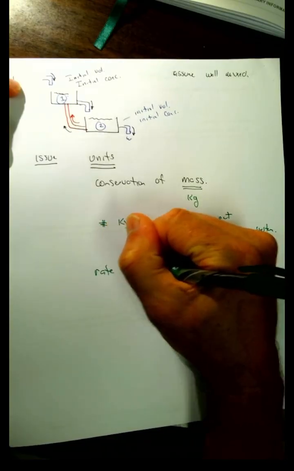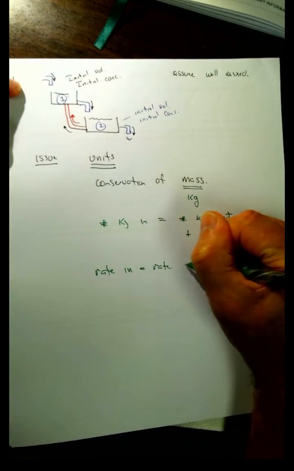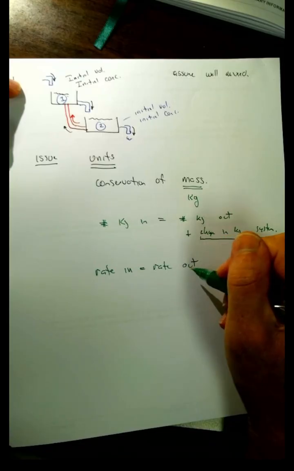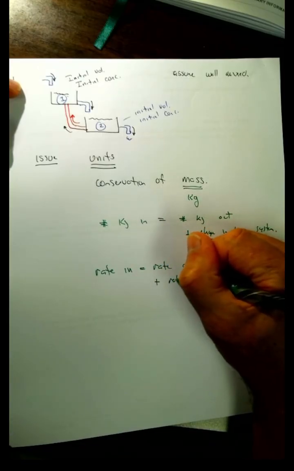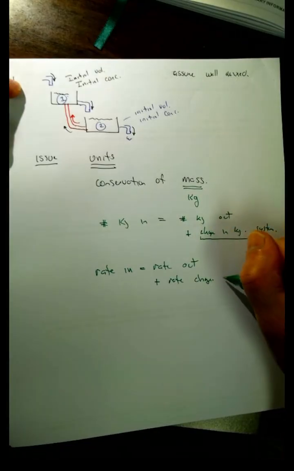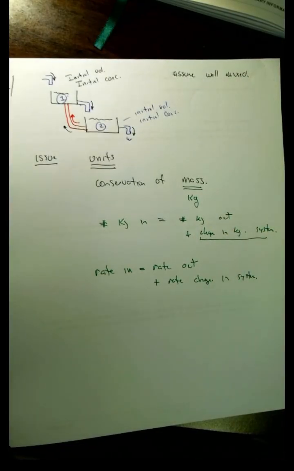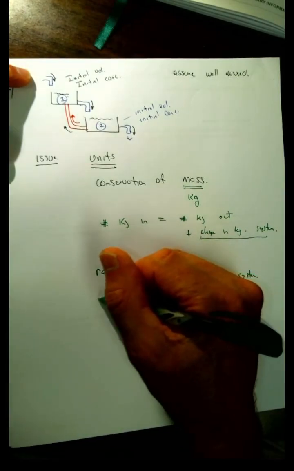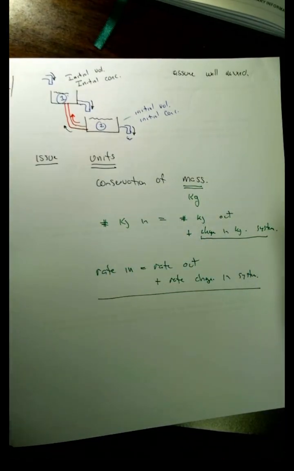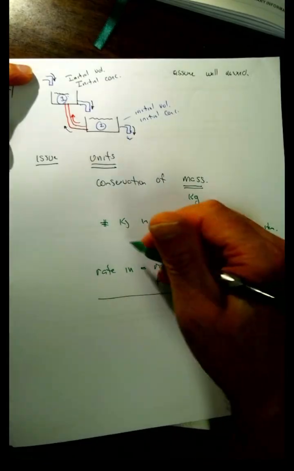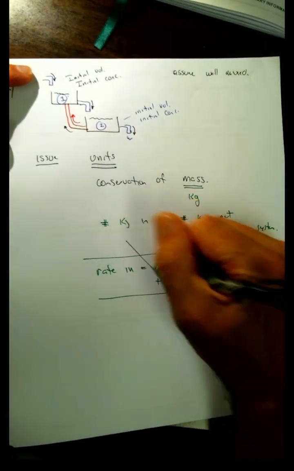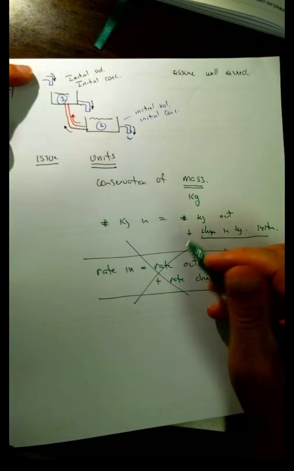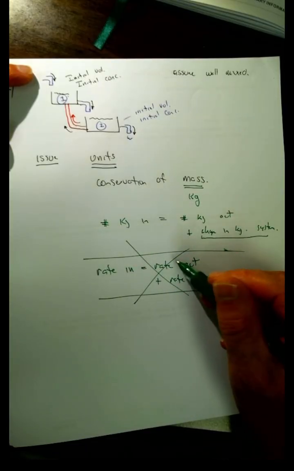Okay, so what we're going to do is we're going to say the rate in is equal to the rate out plus the rate of change in the system. Okay, now this is actually going to be confusing still, and we're going to recast this so it's not quite like this. So we've got to be really careful about the signs.